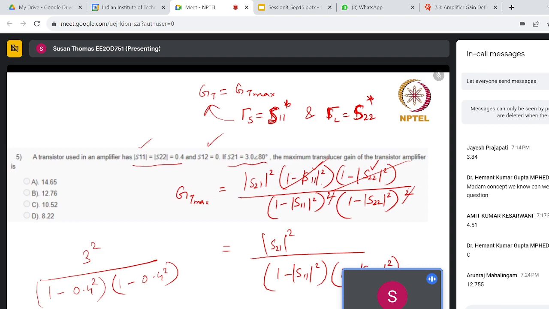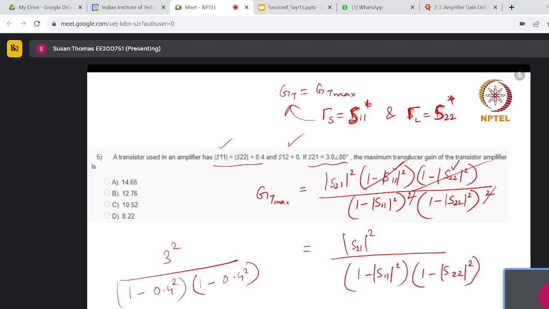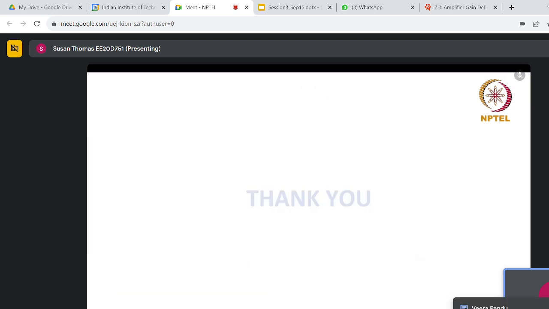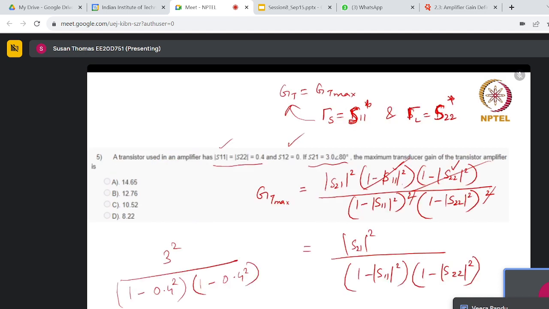Anybody else who got the answer, please type in the chat. Yes, so I think two of you have got the answer. So the answer is option B, 12.755 or 12.76. Thank you everyone for answering this.